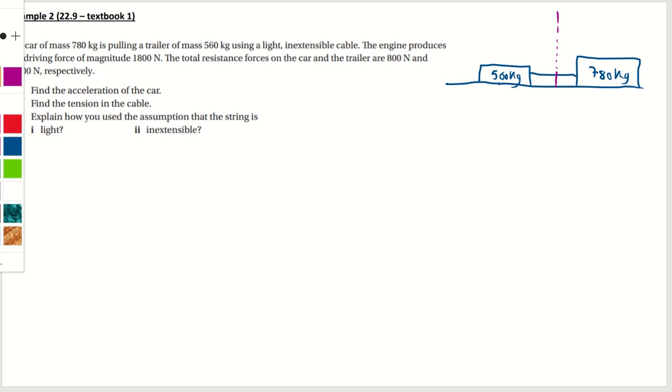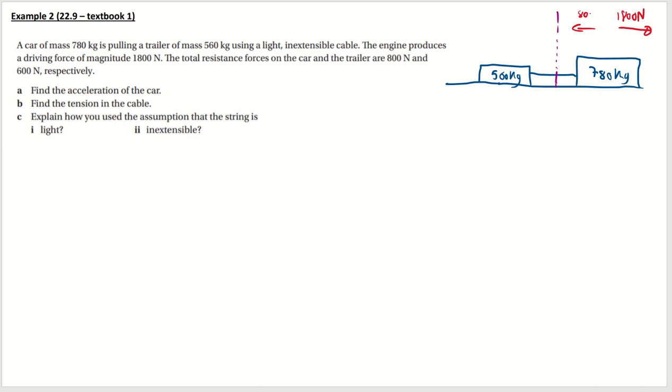So what forces are acting on the car? It says that the engine produces the driving force, and that is the engine of the car. That is taking the car, let's say, to the right, 1800 newtons. Total resistant forces on the car and trailer are 800 and 600 respectively. So 800 working against the car, stuff like friction, air resistance, and the trailer slightly smaller, 600.